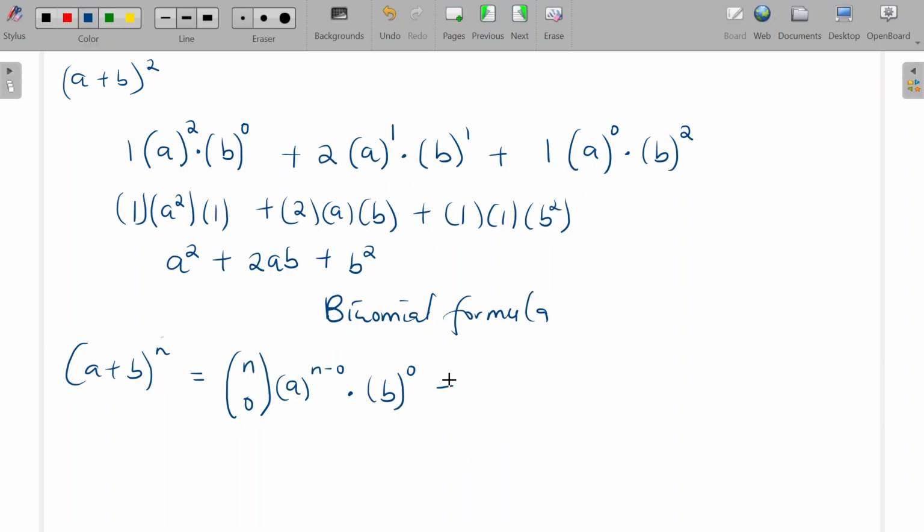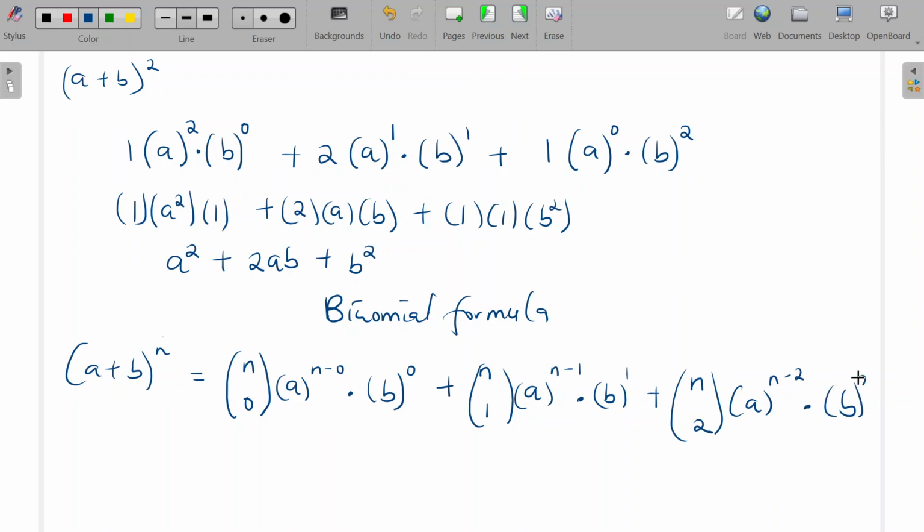Then you're going to say plus, the next one is going to be n combination 1. You get the first component, you say n minus 1, dot product of B to the power 1. Then you say plus n combination 2, then you get the first component, then you say n minus 2, dot product of B to the power 2.